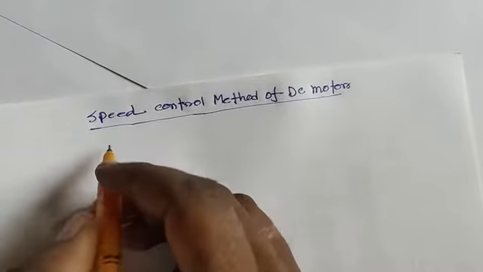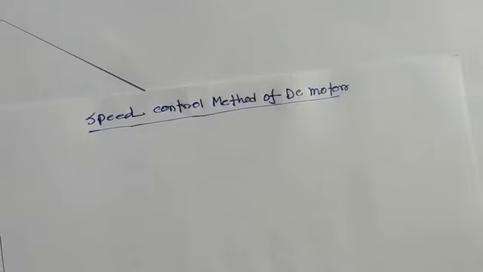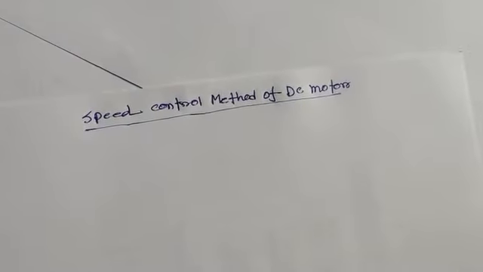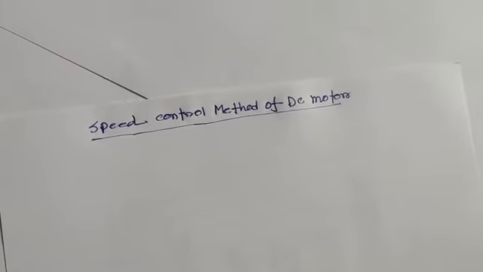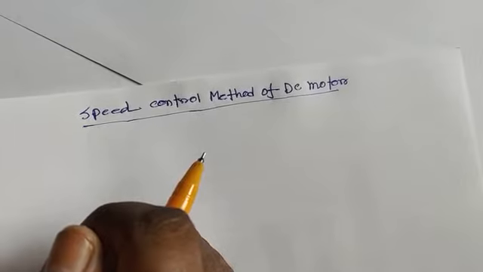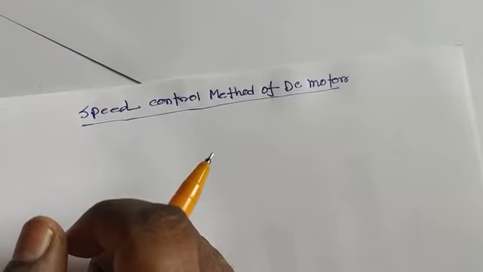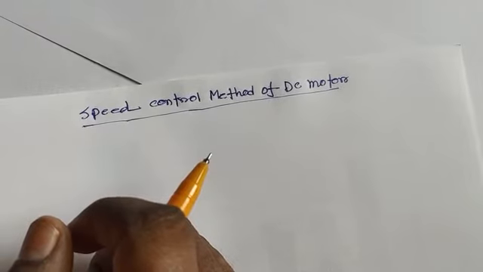Of DC motor. Back EMF, you have known the term of back EMF EB. Back EMF EB of a DC motor is nothing but the induced EMF in armature conductors due to rotation of the armature in magnetic field.